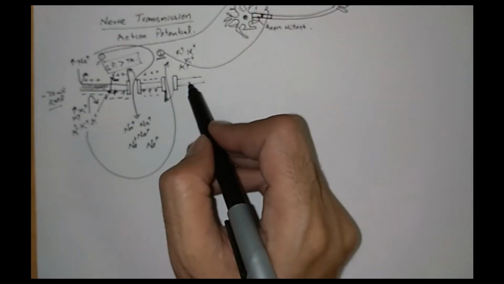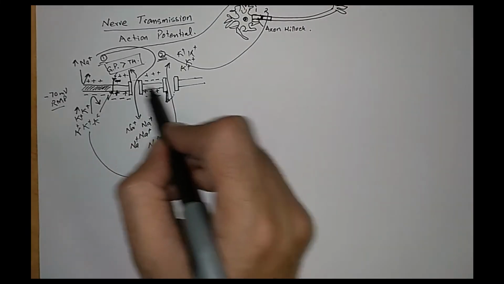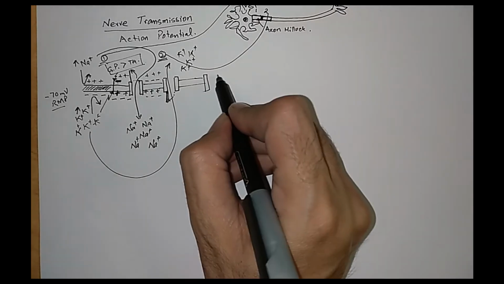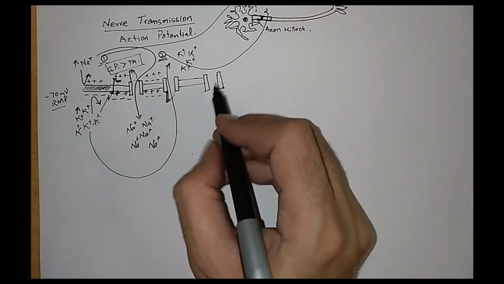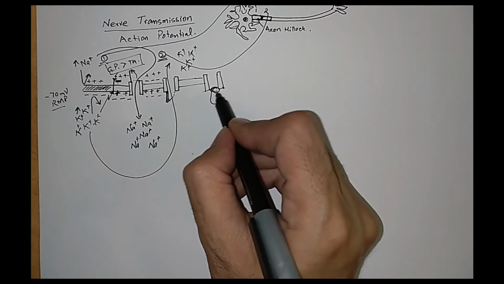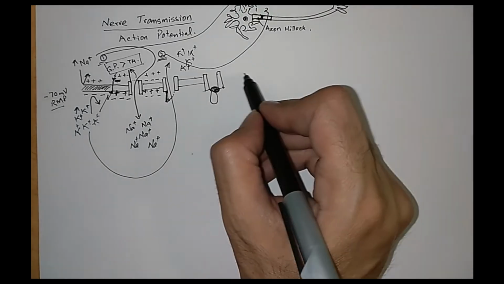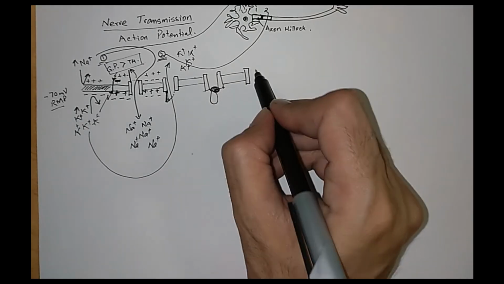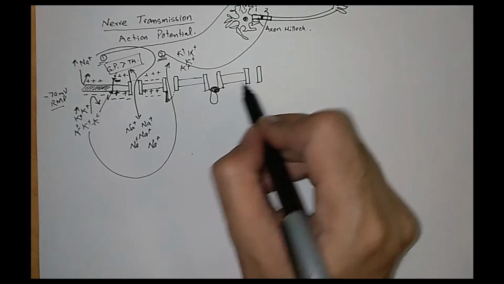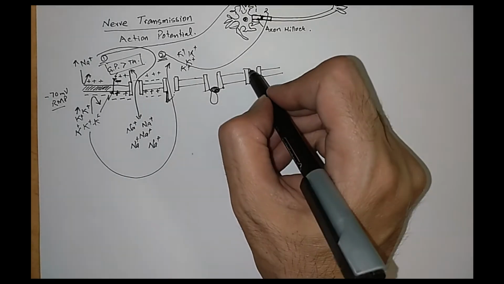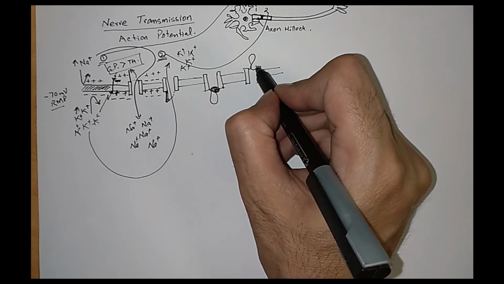And then finally, when that action potential has been passed from this point, these two gates are shut by a specific protein called the ball and chain protein, or this is a ball and chain mechanism.